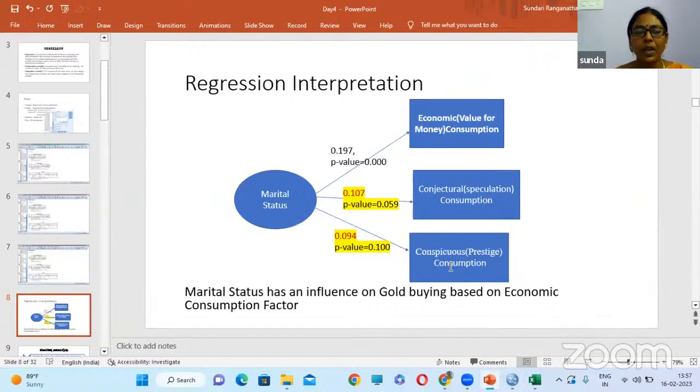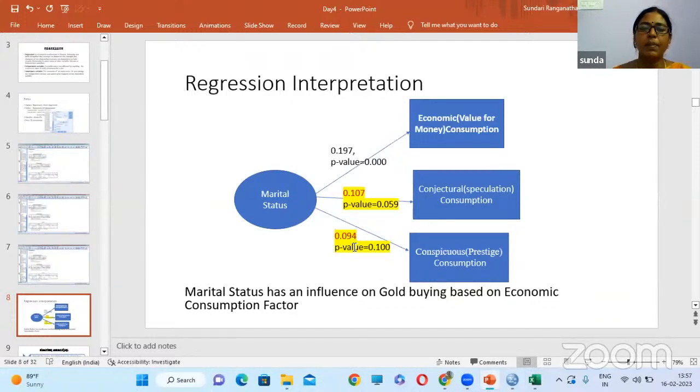So now you can understand how to apply regression and interpret it. The p-value is given here, and the R value is also given. With the R values and the p-values, you will be interpreting and stating your results. The interpretation is marital status has an influence on gold buying based on the economic consumption factor. The other two factors are not influenced by marital status. That will be our conclusion based on the analysis.